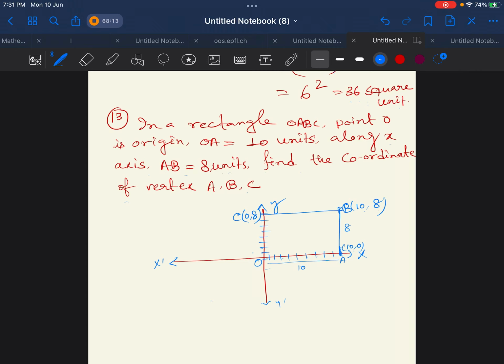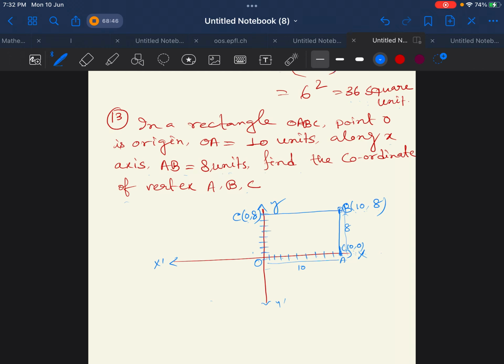Along x-axis OA is 10 units, it is the point (10, 0), and AB is 8 units. This length is 10 units and this length is 8 units.